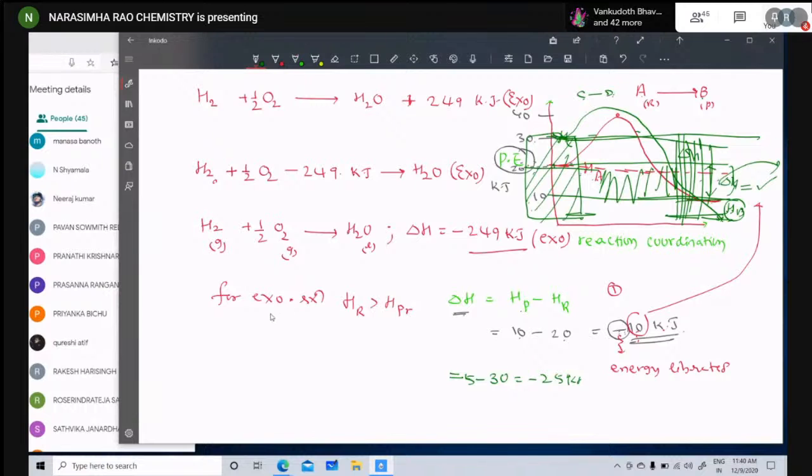Now, for exothermic reaction, HR, meaning the enthalpy of reactant, is greater than the enthalpy of product. Reminder, children, that it is a basic concept. The stability of any species is inversely proportional to energy.